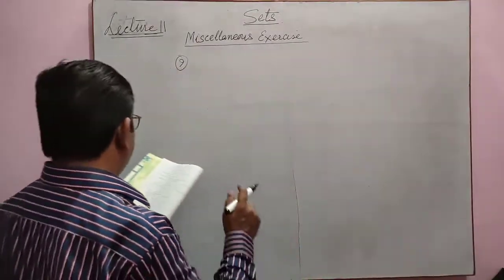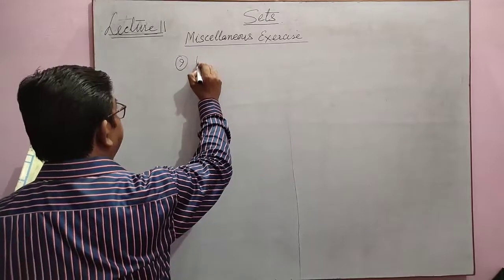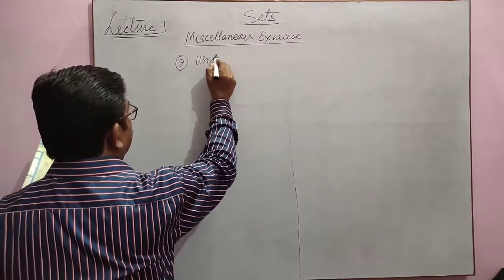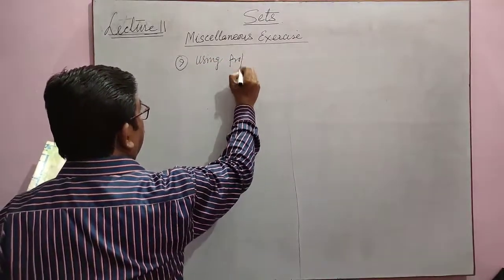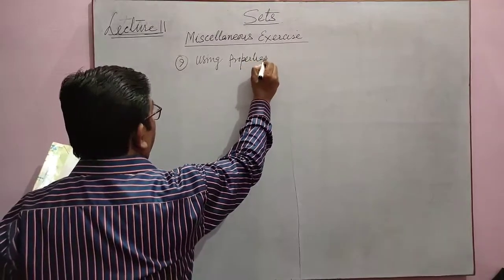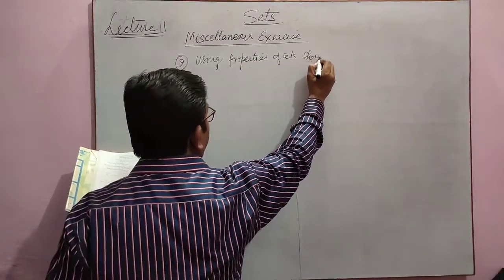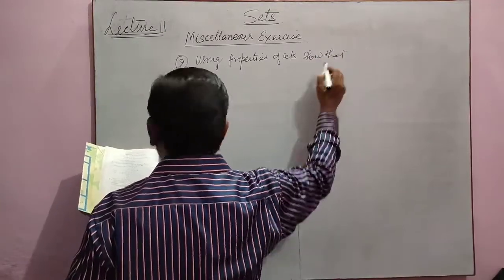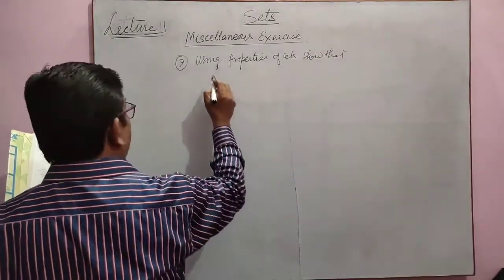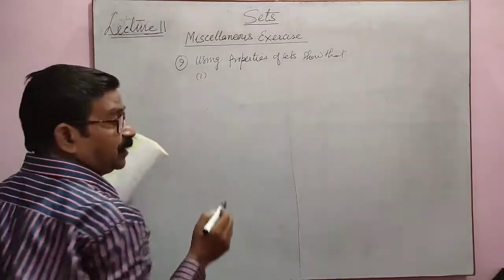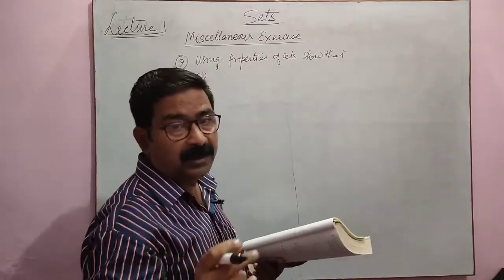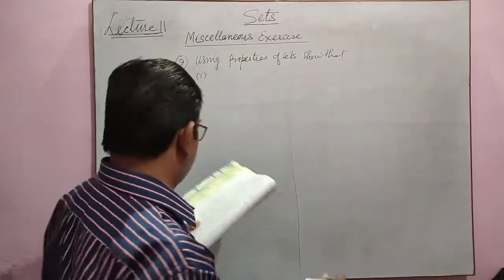Now students, we are coming to question number 9. I am writing the question. Using properties of sets, show that, two parts are there. I will solve one of the parts, and second part you will solve yourself.